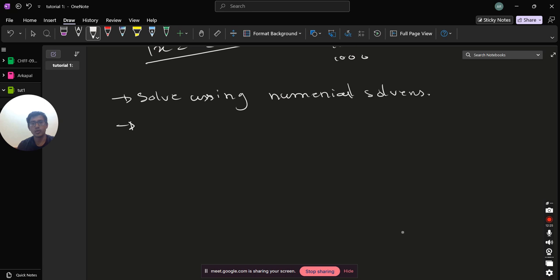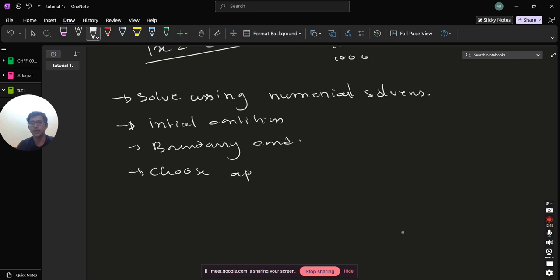For these solvers we need to input the initial condition and the boundary condition, and there are a lot of parameters that we can assign to the numerical methods.